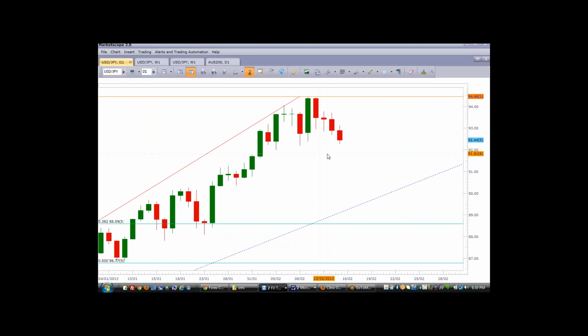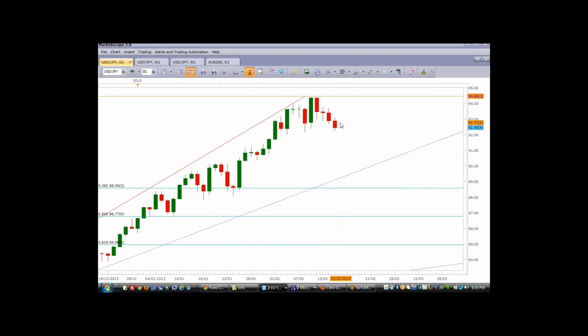On the daily chart, sellers are also in control, lower highs, lower lows within this range of candles right here. At a good level of demand though on the daily.